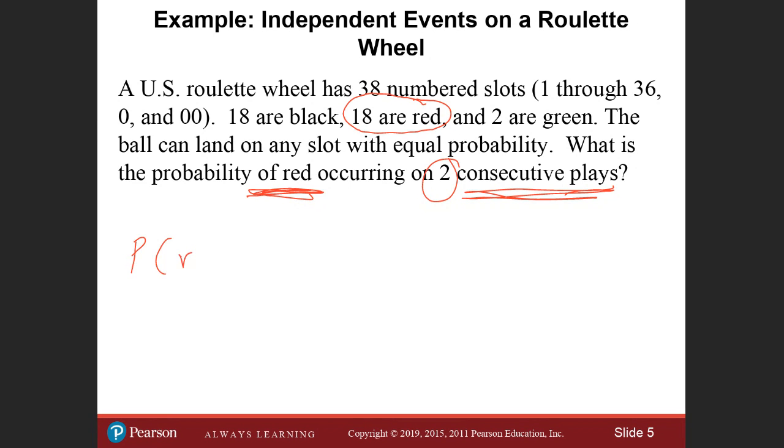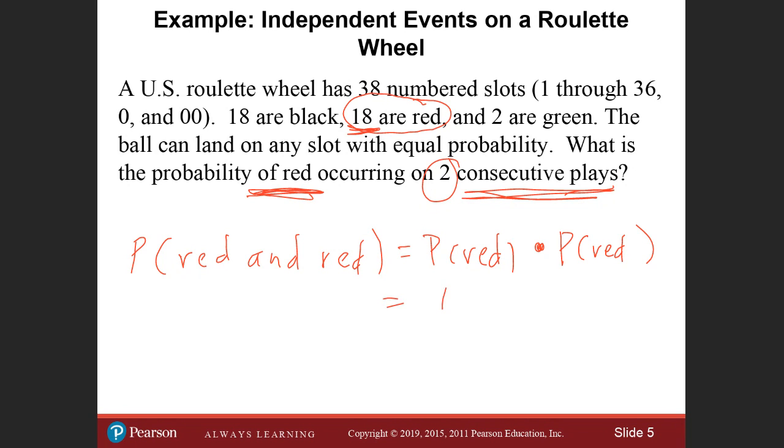So that would be the probability of red and red equals the probability of red times the probability of red. And remember, we have 18 are red here, so that would be 18, and the total would be 38.